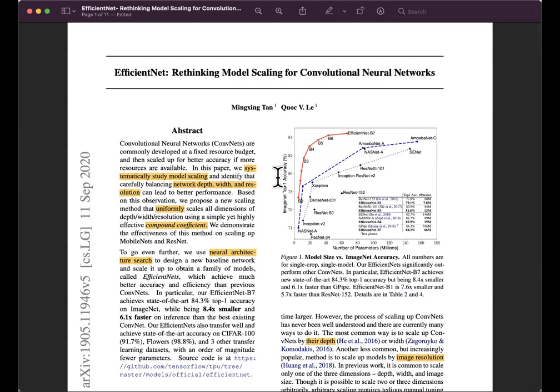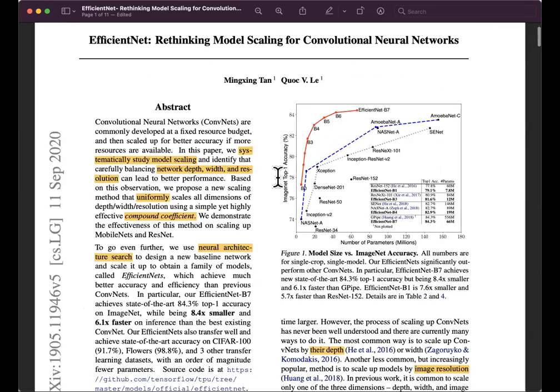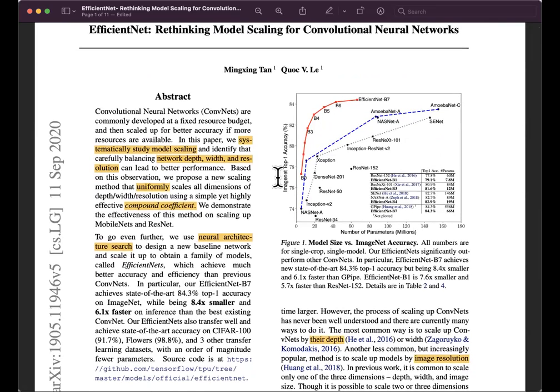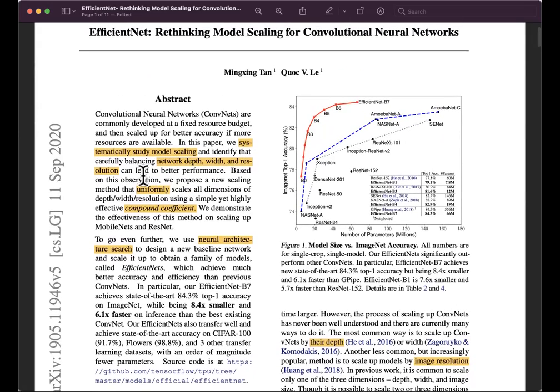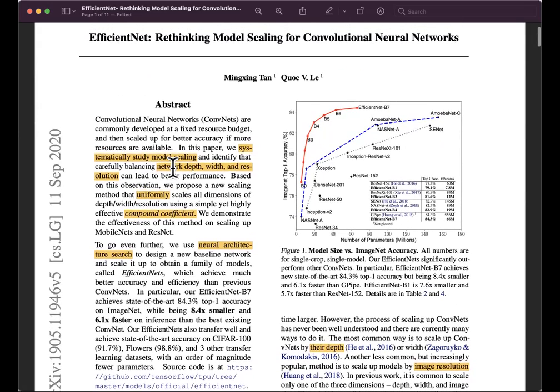The main contribution is that, first, they systematically study model scaling, especially how they can balance network depth, width, and also resolution.